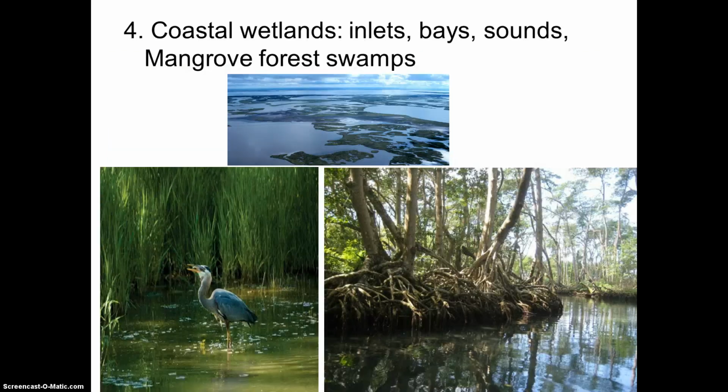One of the most productive areas and most important areas we'll see are the coastal wetlands. These include the inlets, bays, sounds, and here the mangrove forest. Mangrove forests are all over the world. We have cypress forests in North Carolina and South Carolina that have the same kind of structure, with these big trees that can live in brackish water.